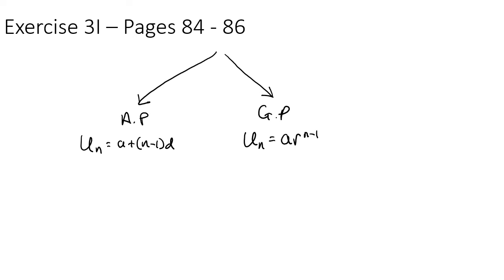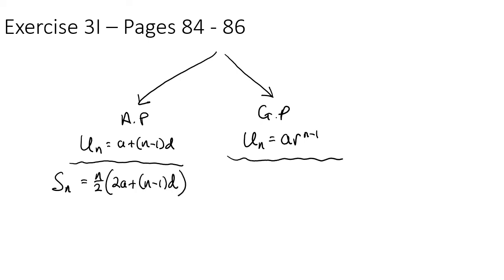For our sum of an arithmetic series, that will be n over 2 and then 2a plus n minus 1 d. And for a geometric series, so I'll just put series here, that's when we add all the terms together.